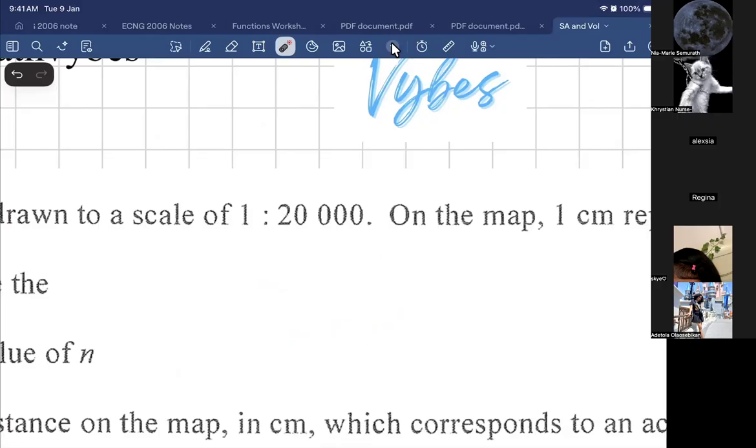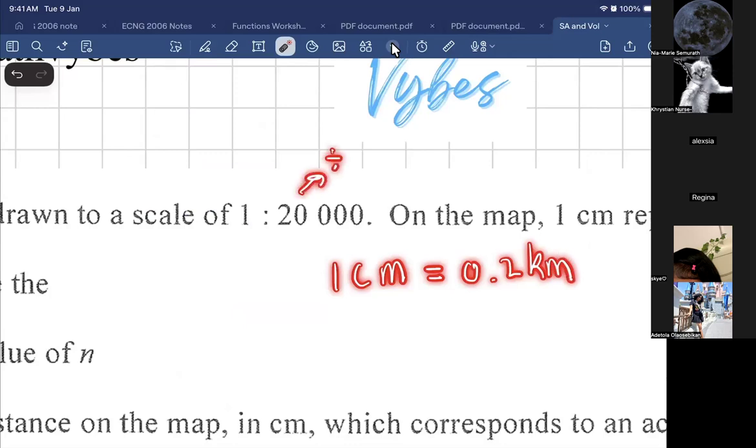So 1 centimeter on a map would actually be 0.2 kilometers in real life, and to get that I divide by 100,000.